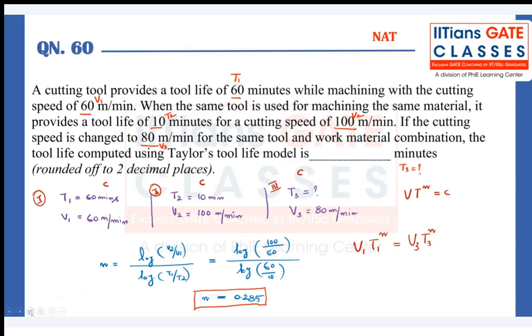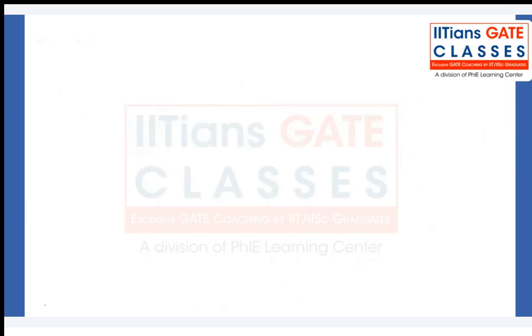We know V3, V1 and T1 as well, and n we have found. Now let us substitute into the equation. V1 T1 power n is equal to V3 T3 power n.